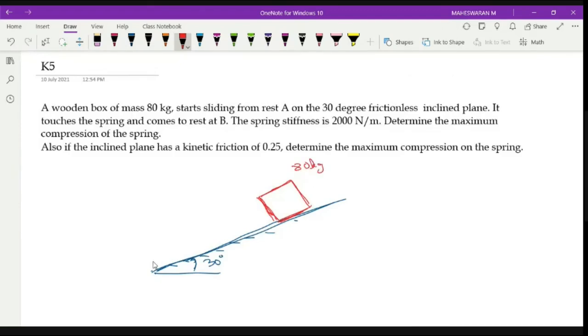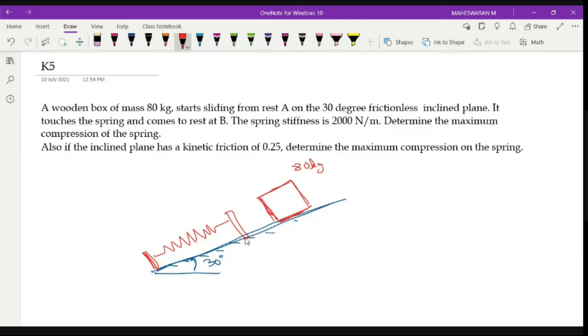And at this point, you have a spring which is attached to this, something like this. So it hits this and there is a compression in the spring.